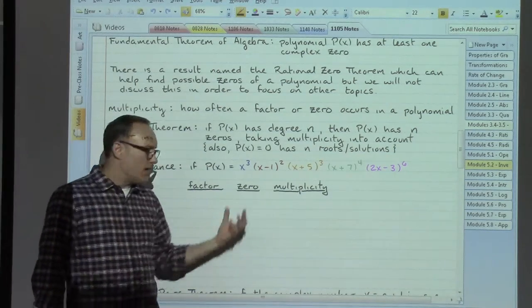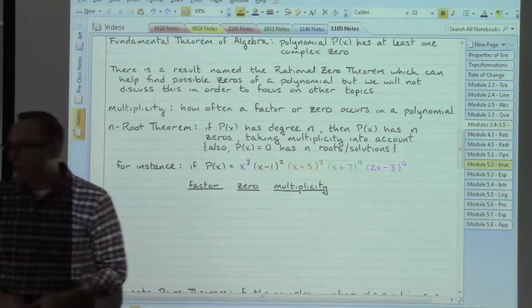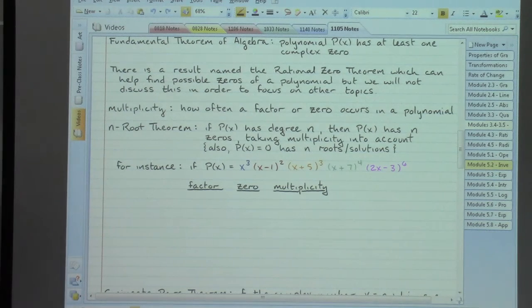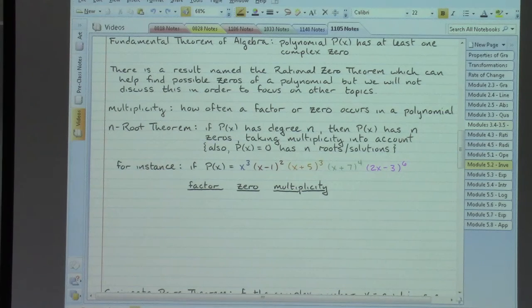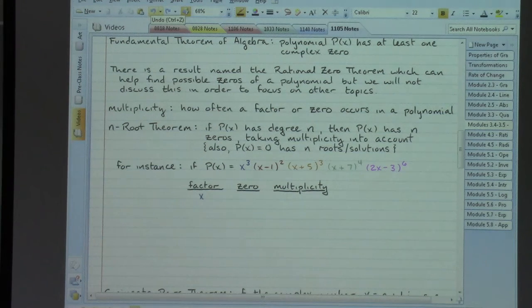And each factor has a corresponding zero. So the very first factor that we have listed is the x. If we take our factor and set it equal to 0 and solve for x, we get the zero. Well, x equals 0. There you go.